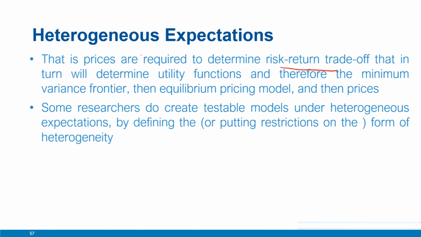So effectively prices are required to determine the risk-return trade-off, that in turn will determine the utility functions, and therefore further the minimum variance frontier and then equilibrium pricing model, which in turn will determine the prices. Given the kind of endogeneity we face here, it is difficult to determine this kind of model.